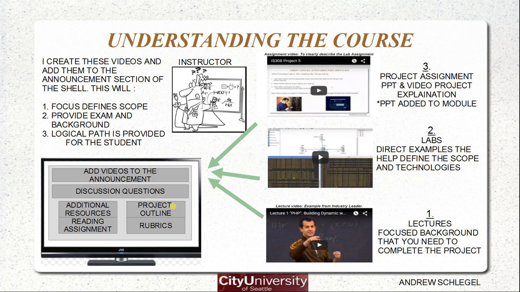And some projects might be, for example, create a network. And then part of the rubric to get an A is to include security in your network. Well, what does that mean? I mean, you could get a PhD in system security. So what are you going to do to meet the assignment objectives? Because I know what I'm looking for in the grade, I'm giving you that information through this process.